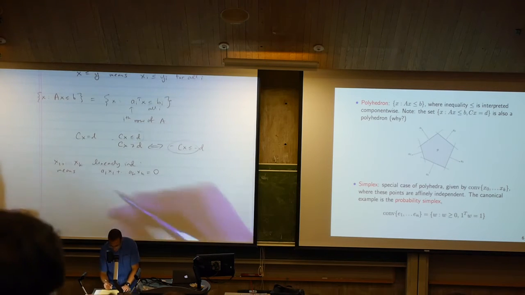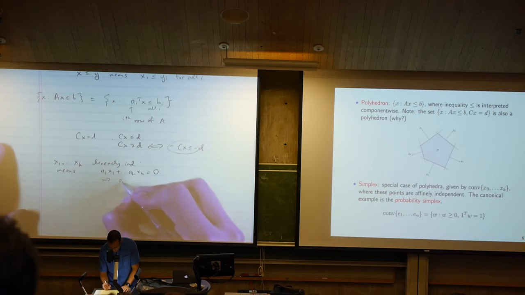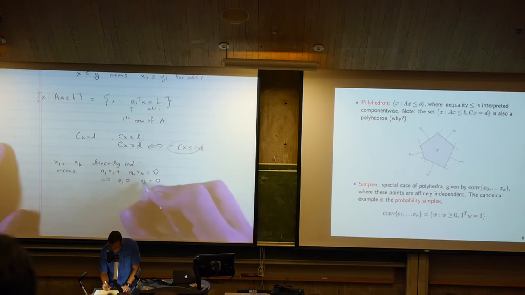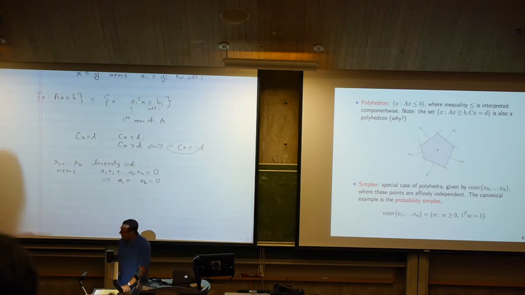So this being true implies that all the a's are 0. That's what linear independence means.